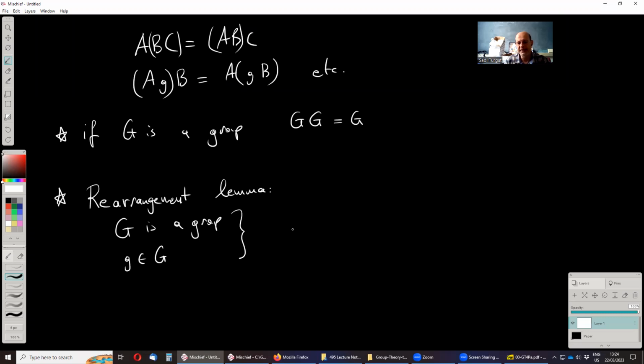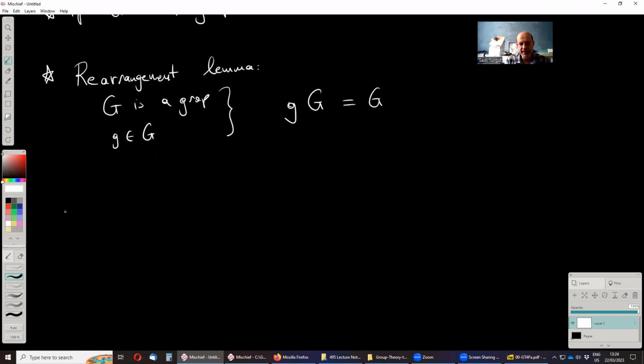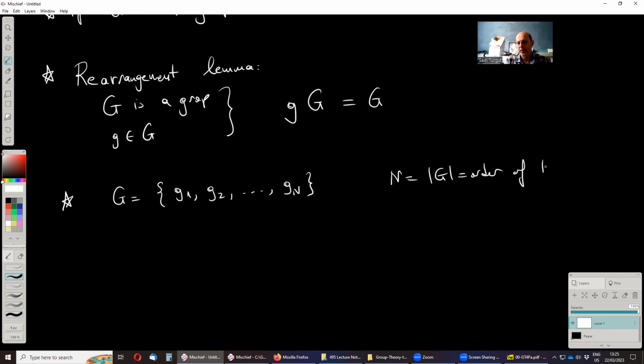In that case, g multiplied with the group is going to give you the group. There are different ways of actually expressing this. So suppose that I write down the group like this. Let's say that it has n elements like that. So the n is the order of the group.